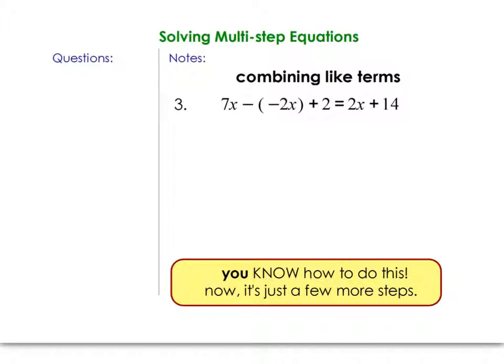So we have another type of multi-step equation, a little more complicated. And this is when I'm combining like terms. Well, if I look at my equal sign, I draw a big old line down my equal sign. 7x minus negative 2x plus 2 equals 2x plus 14.